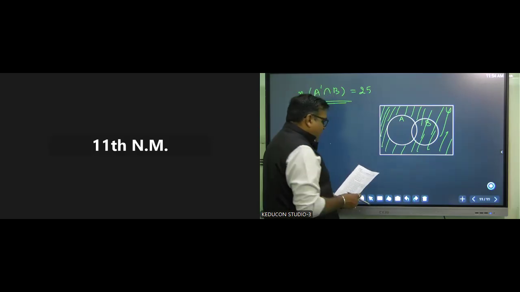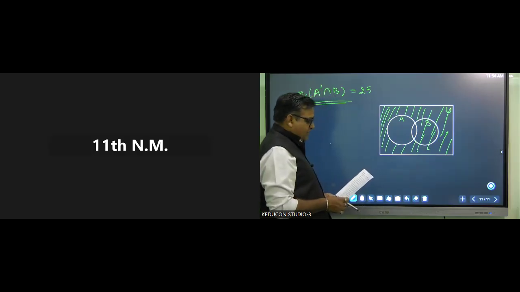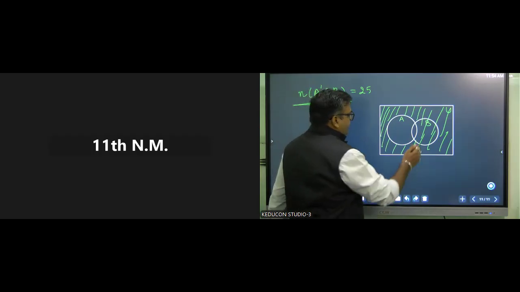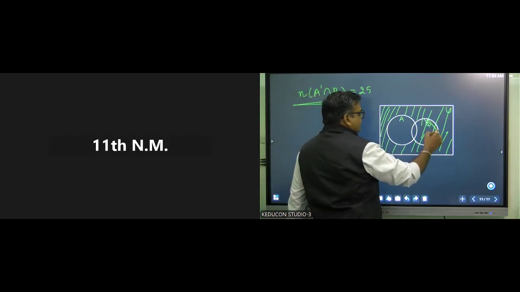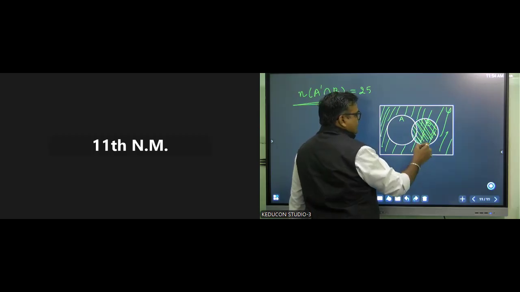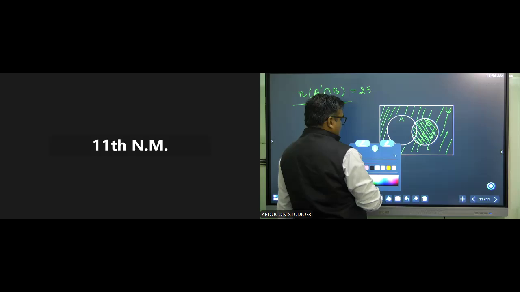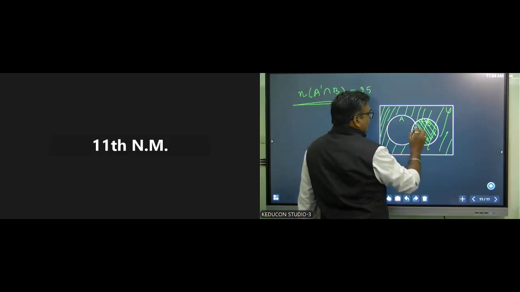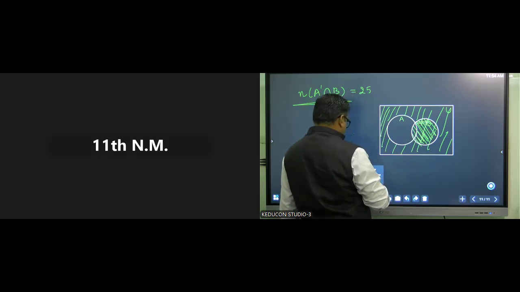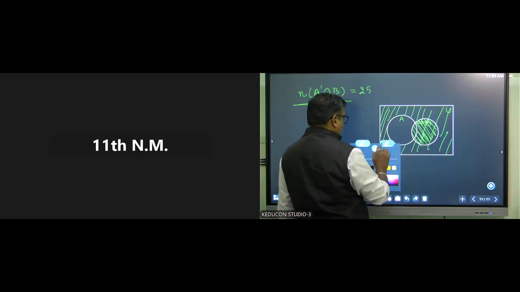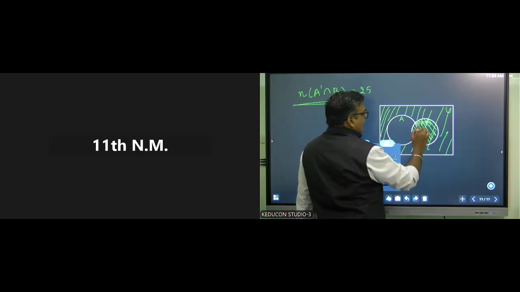Now we have to draw the intersection between A dash and B. This is your B. This entire thing is B. What is the common part in these two? The common part will be only this.